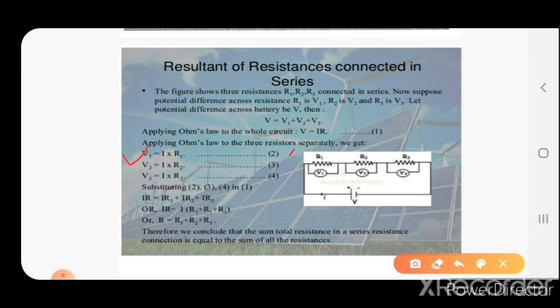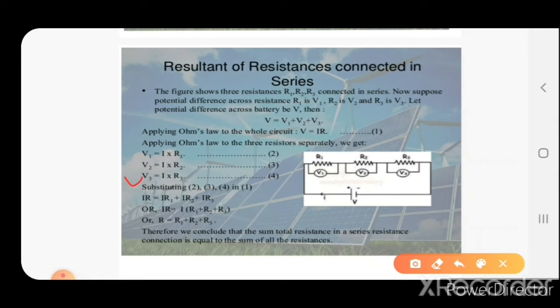This is our equation two. Similarly, the potential difference V2 is equal to IR2, since the same current I flows across R2. This is our equation three.